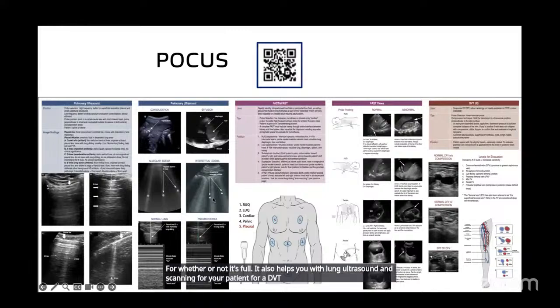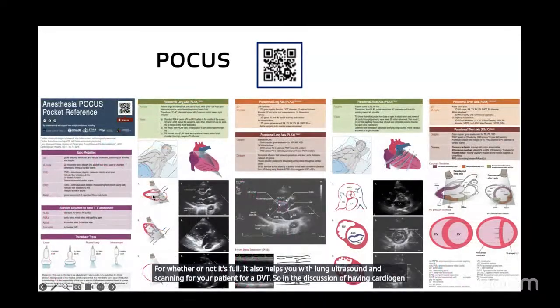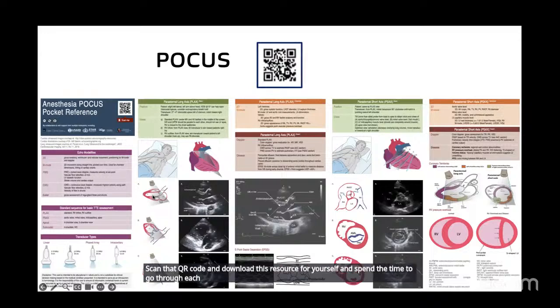So in the discussion of cardiogenic shock, septic shock, obstructive shock, this resource is very, very useful. We want to provide it to all of our participants, and we really encourage you to scan that QR code, download this resource for yourself, and spend the time to go through each one of these images.